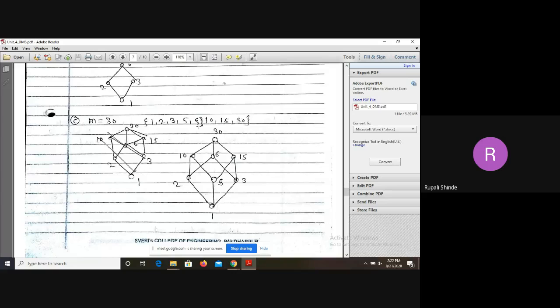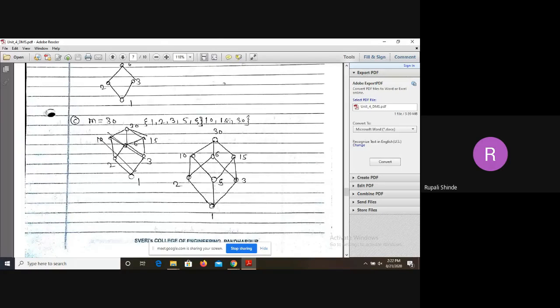Next element is 6. For this 6, 2 and 3 are the divisors, so 6 is connected to 2 and 3. Next element is 10. Now 2 and 5 are the divisors of 10, that's why these are connected by direct lines.